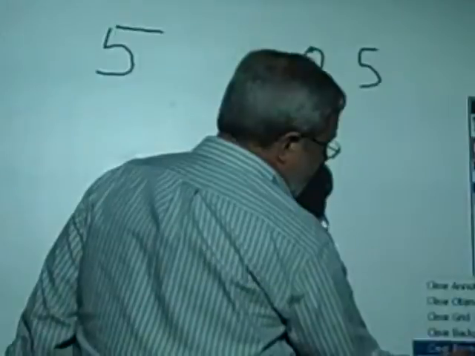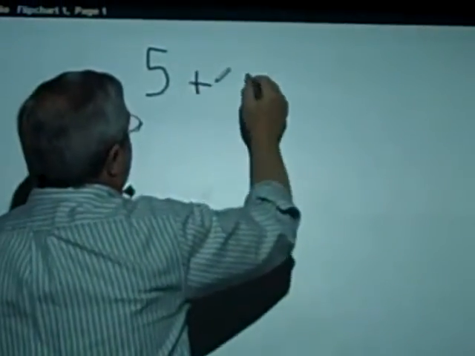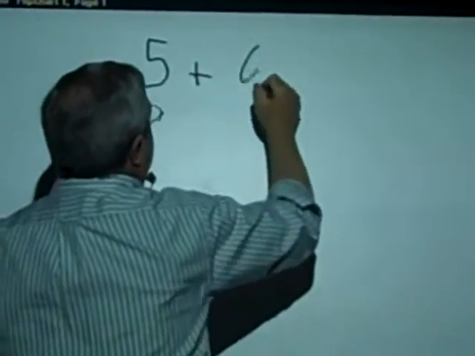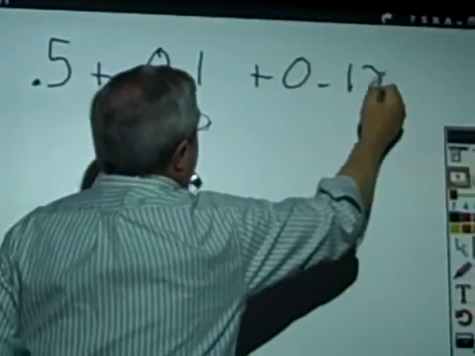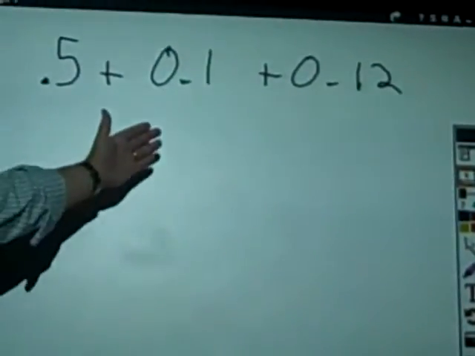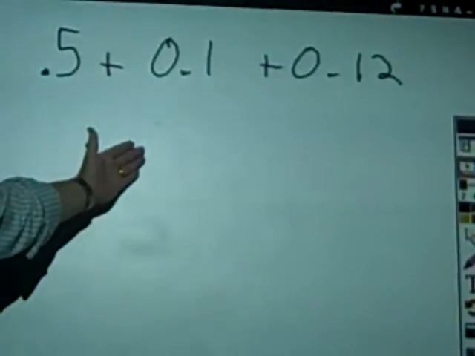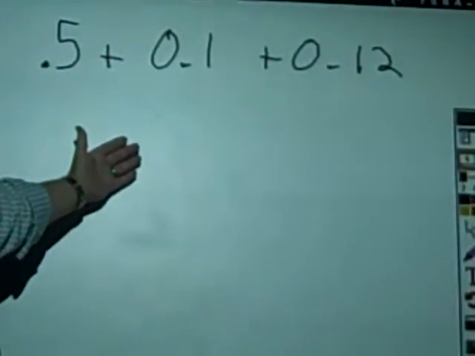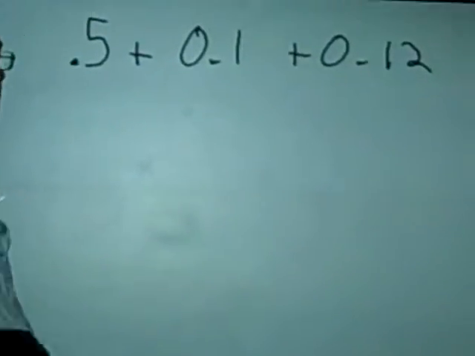So if I've got these three decimal numbers I want to add together, the first thing I need to do, and this is my rule for addition and subtraction, is to line up the decimals.